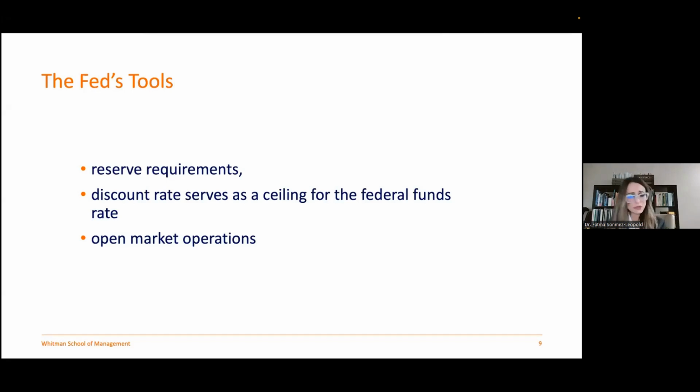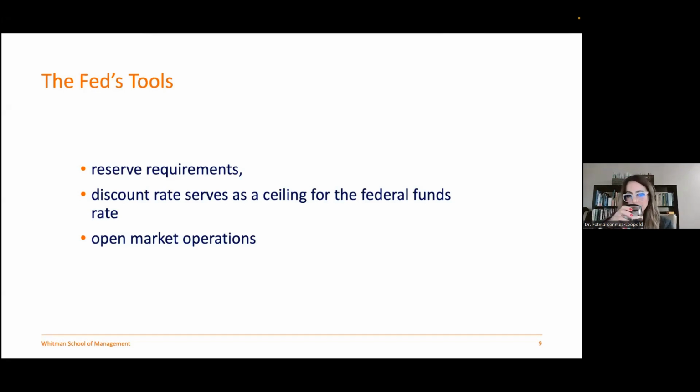And the other tool, which I'm sure many of you are familiar with, is open market operations. Meaning, there is a part of the Federal Reserve Bank whose sole purpose is to buy and sell securities in the market.